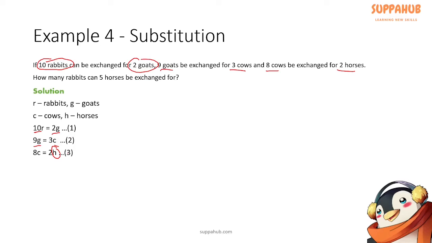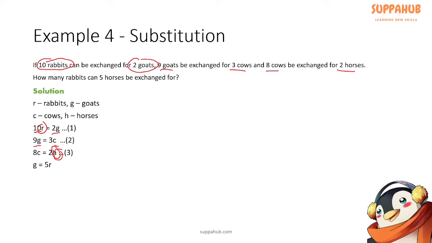I mentioned that you need 4 equations to solve 4 variables, but in this case they are only interested in 2 variables, rabbits and horses, in relative terms. So 3 equations are more than enough.